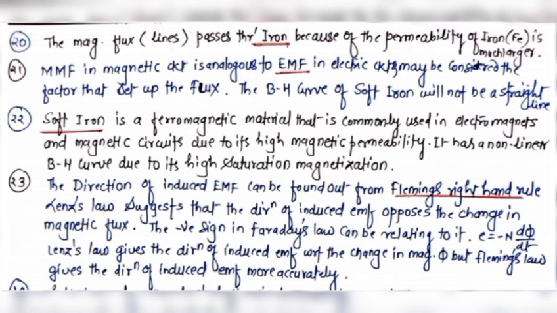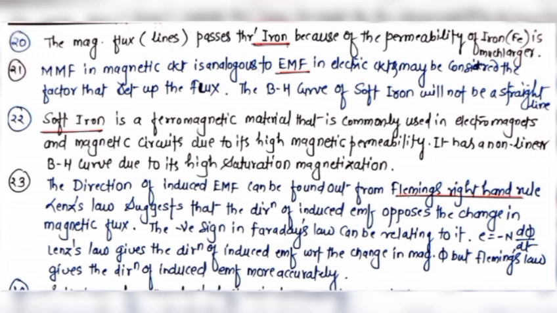Constant between B and H. Magnetic flux lines pass through iron because the permeability of iron is much larger. MMF of a magnetic circuit is analogous to EMF in an electric circuit and may be considered the factor that sets up the flux.